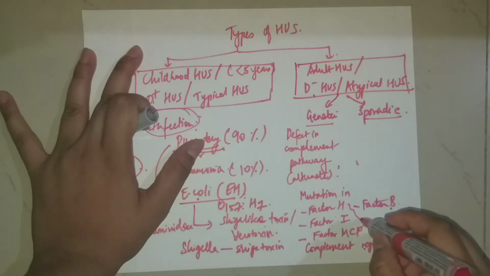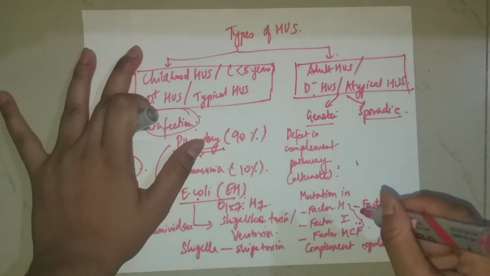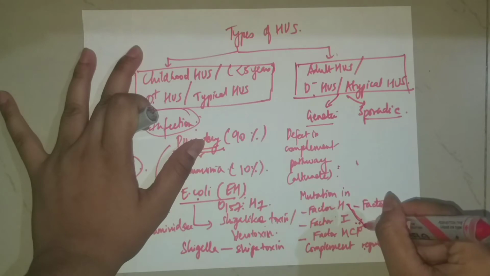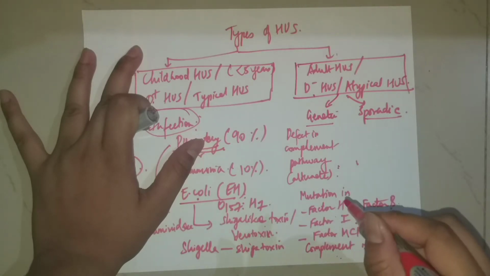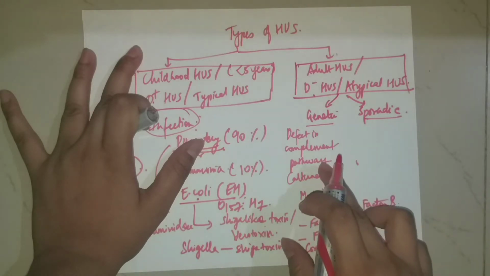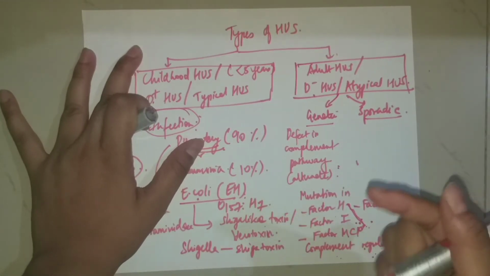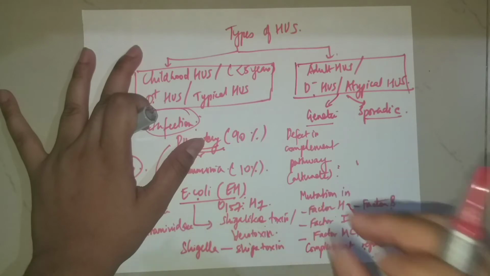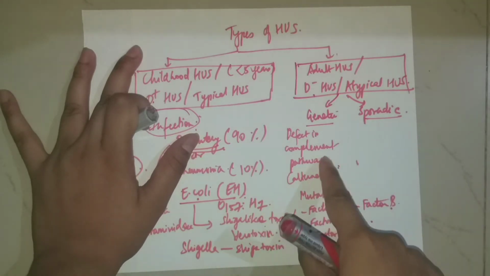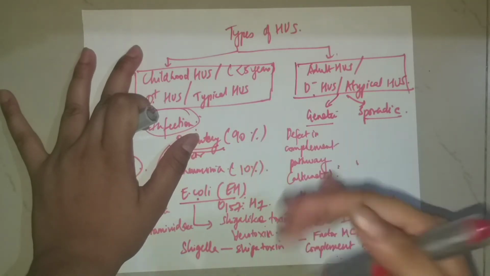But in cases where there is a mutation of these, where the complement pathway cannot be regulated, then there is an overactivation of the complement pathway, which, like I told you, is involved in attracting phagocytes to ingest damaged tissues, and also the complement pathway is involved in inflammation.